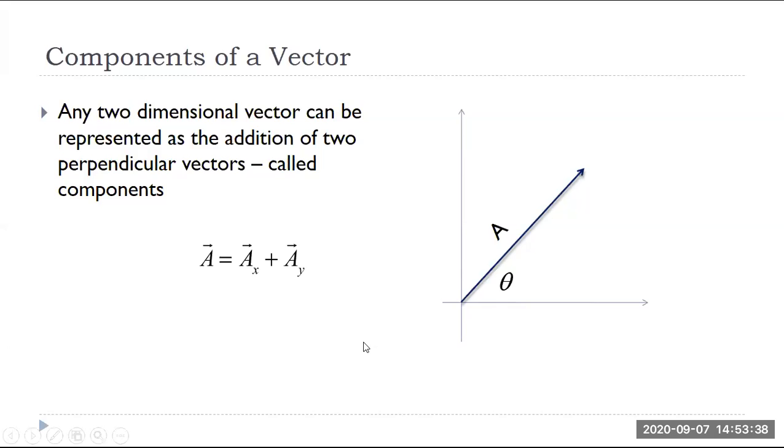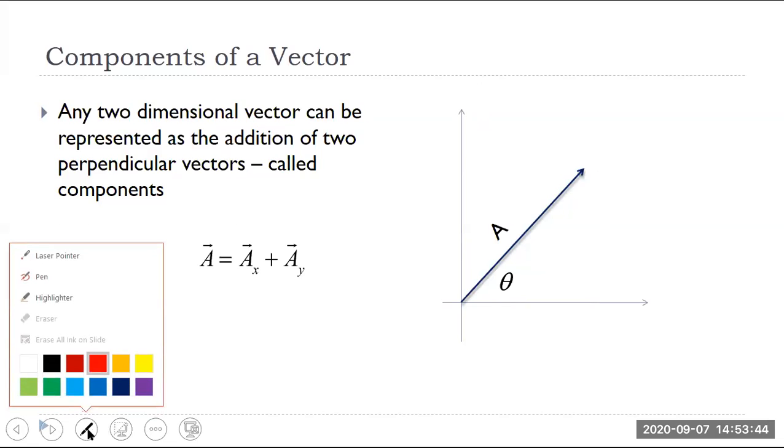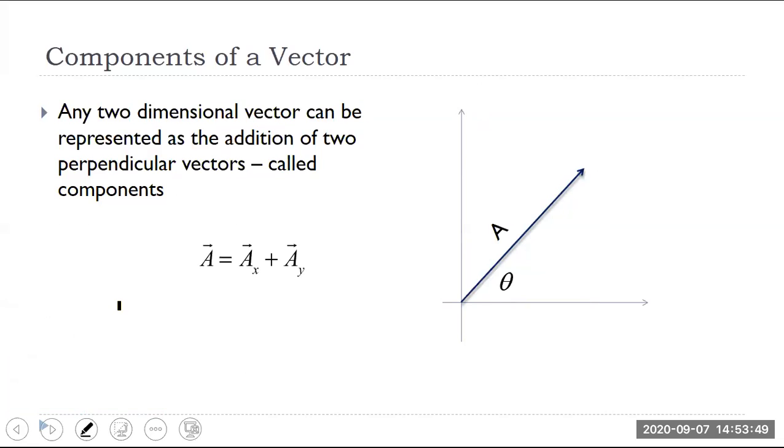So I'm going to go ahead and draw them on here. It's on the next slide, but I'm going to draw it on here anyway. So what that means is that because we know that vectors connected head to tail can give us a resultant vector, I can write this vector A, so here's my vector in my coordinate system, as the addition of two vectors that are perpendicular to one another.